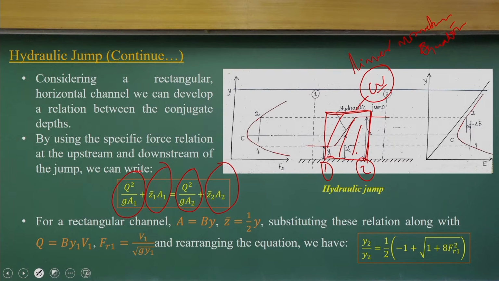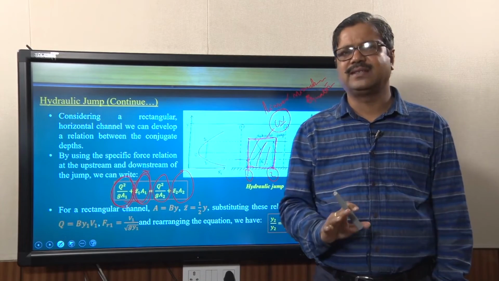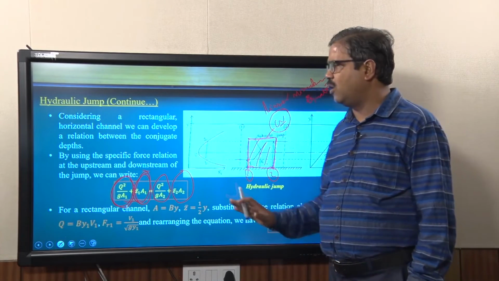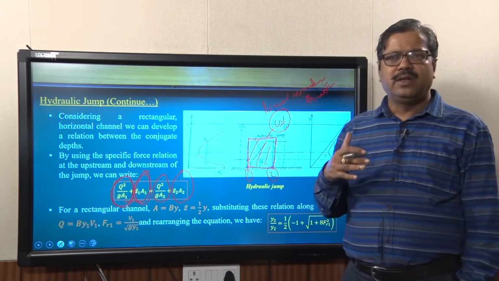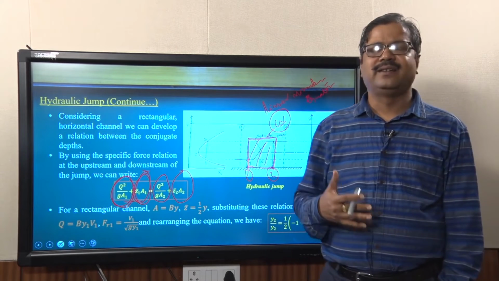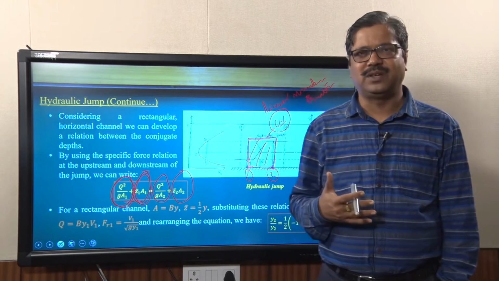One is the linear momentum flux component per unit weight, and the other is the pressure force component per unit weight. We equate these to the force components at sections 1 and 2. It is nothing else but the application of the linear momentum equation for this control volume, and per unit weight it is defined as the specific force.